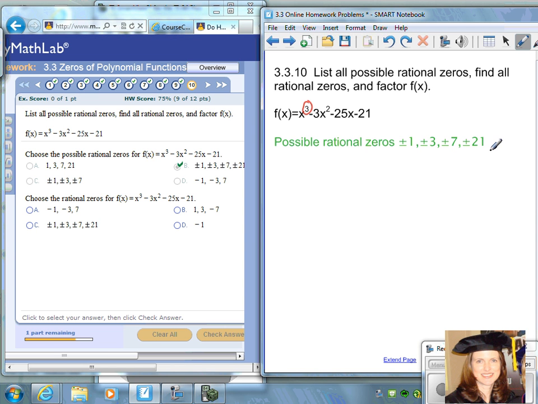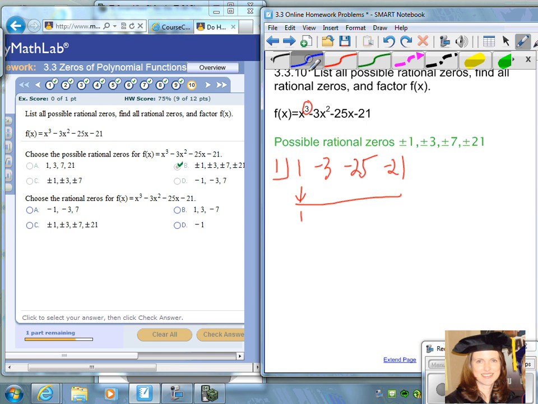So to determine which ones are, we can use synthetic division and find all the ones that will give us a remainder of 0. If we try positive 1 to begin with, and use the coefficients 1, negative 3, negative 25, and negative 21, and work through this until you find one that gives you a remainder of 0.